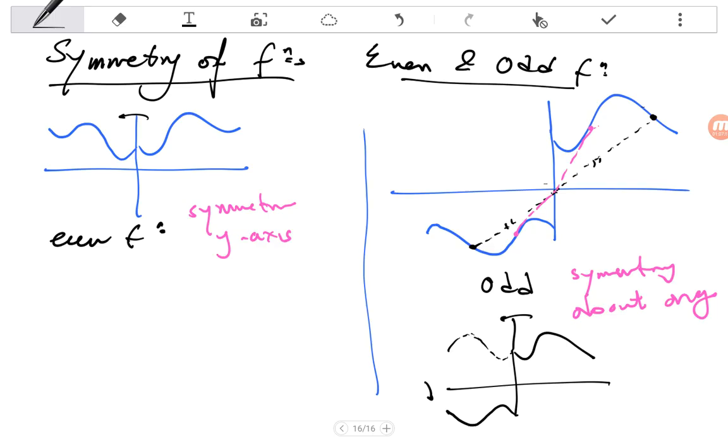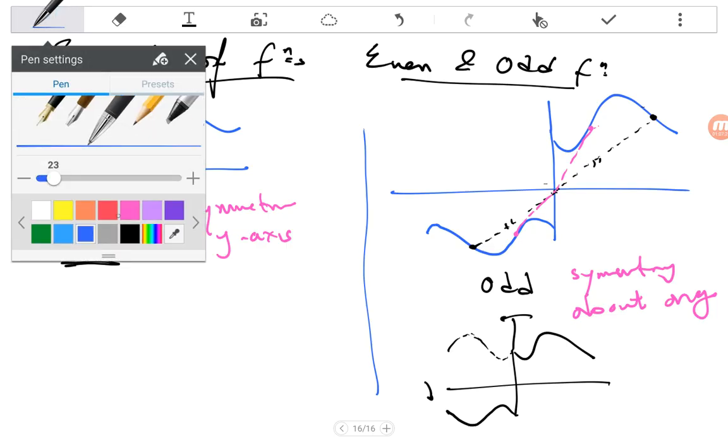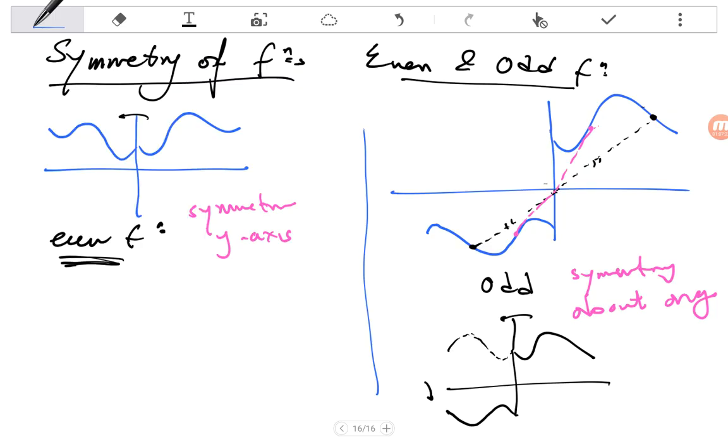Okay? Now that is the geometrical meaning of an even function or an odd function. How would I express that mathematically? We express that mathematically as f of negative x is equal to f of x. And we express the odd function mathematically as f of minus x is equal to negative f of x.